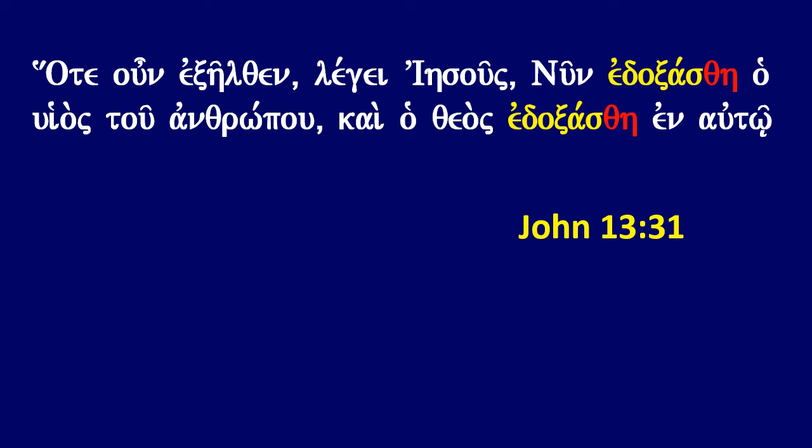There's your aorist tense indicative mood, and its passive voice. Now the Son of Man is glorified. Kai ho theos edoxasthe en auto, meaning and God is glorified in him.